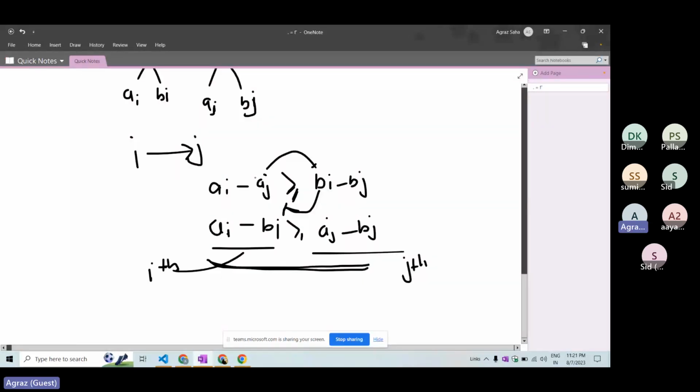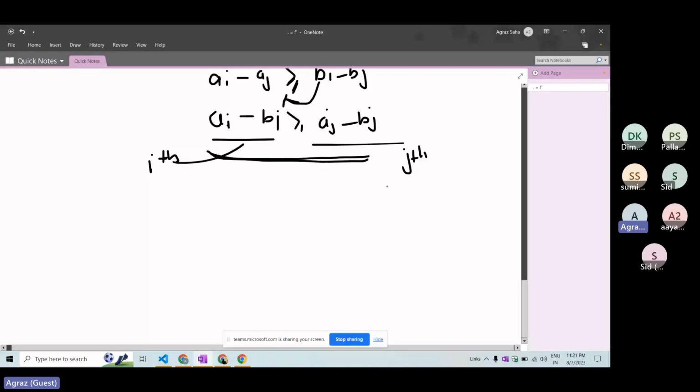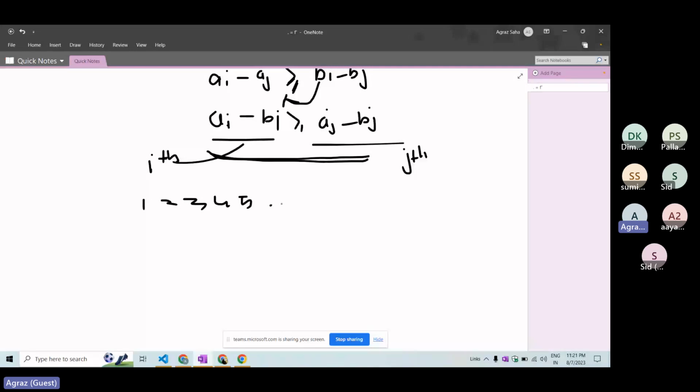So for every vertex index till n, I can have a constant value, that is A of 1 minus B of 1, A of 2 minus B of 2, A of 3 minus B of 3, like this, A of n minus B of n.